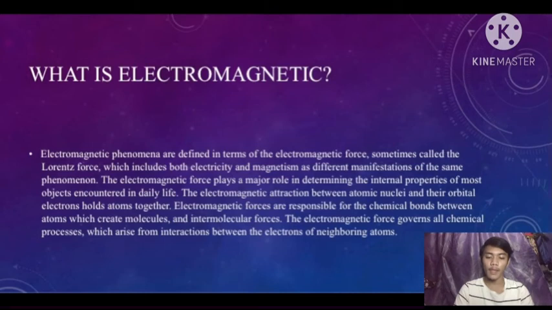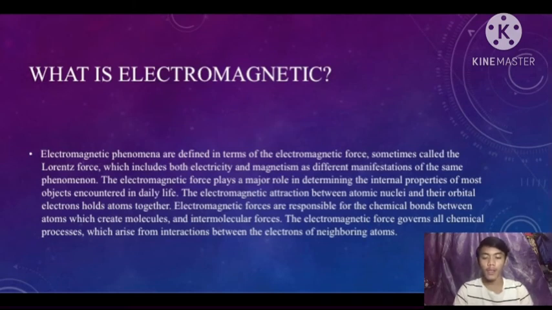The electromagnetic force plays a major role in determining the internal properties of most objects encountered in daily life. The electromagnetic attraction between atomic nuclei and their orbital electrons holds atoms together. Electromagnetic forces are responsible for the chemical bonds between atoms, which create molecules and intermolecular forces.